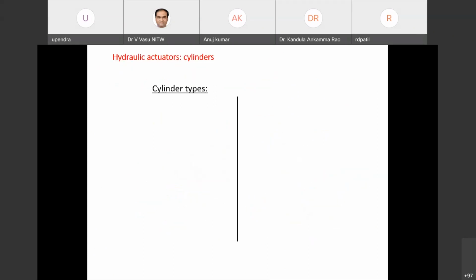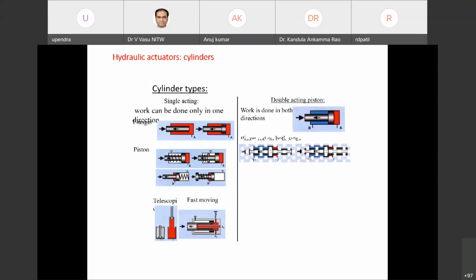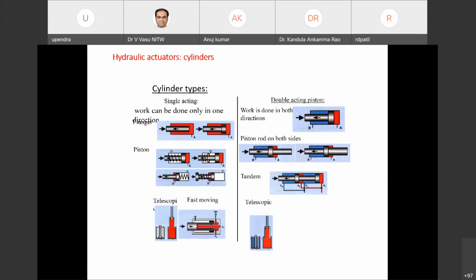We have different types: single acting, double acting, and telescopic cylinders used as hydraulic actuator cylinders. Okay, so this is a brief about the hydraulic actuators, and the electrical actuators are mainly used for rotary motion.